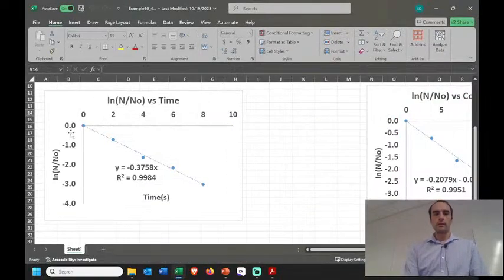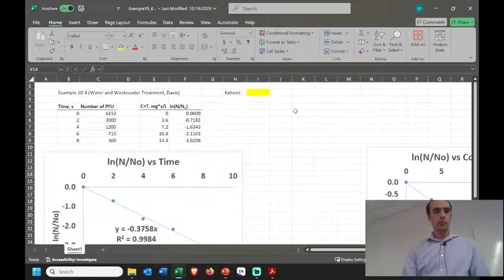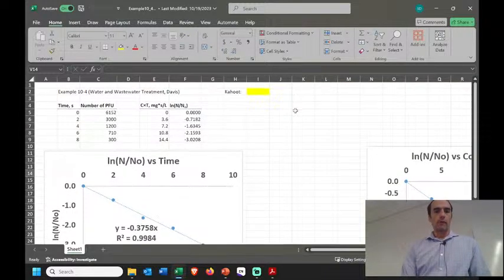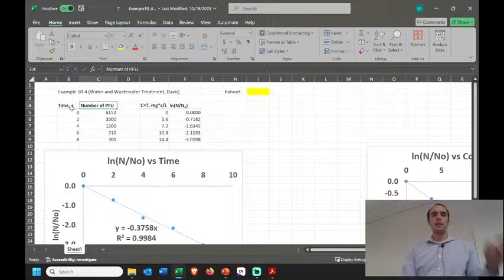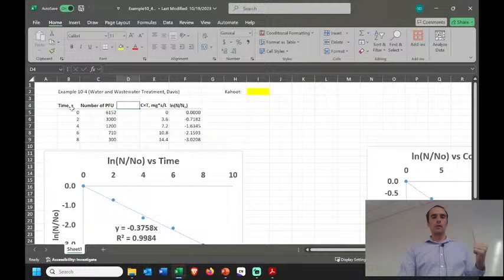Okay, so let's see what that might look like in Excel. All right. So I put the time here, the number concentration here, and I went ahead and took the concentration times the time. You don't have to do that.